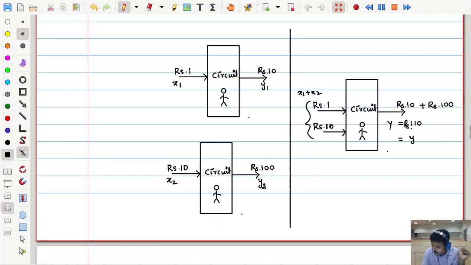Usually it is y1 plus y2. y1 is the output when only x1 is there, and y2 is the output when only x2 is there. Once I add up these outputs, that is the output when all the inputs are acting together. This, in simple terms, is the superposition principle.